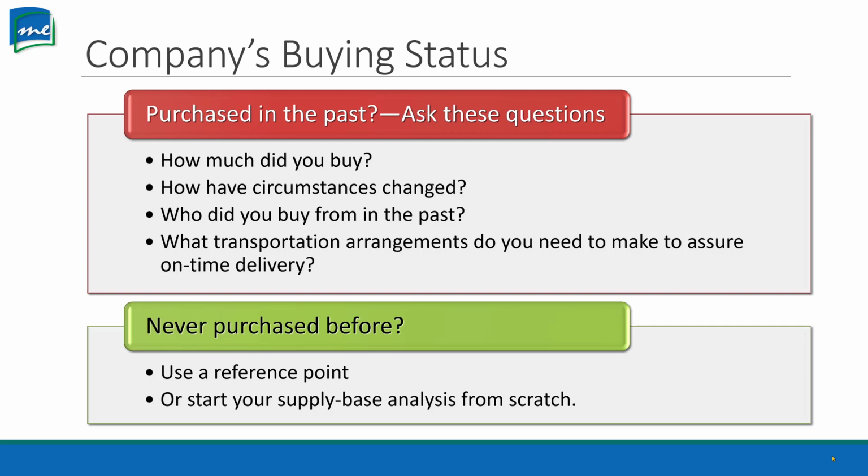Or you can just start from scratch. You know, you can start from the very beginning, like an unknown item. So just do a simple Google search. Just type in that you're looking for a blue pen and see what shows up. Look at the companies that supply this stuff. If you see the same company over and over and over, that might be a company you may want to reach out to.